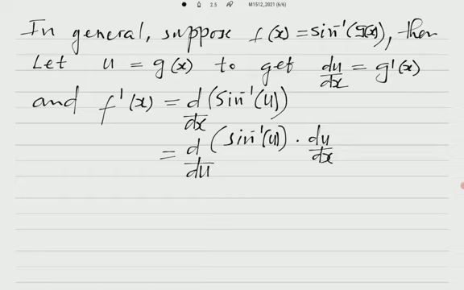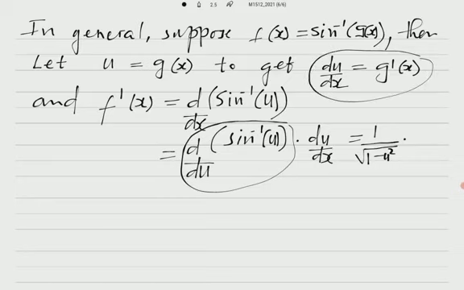But we know the derivative for this one, which we've just found previously. So it leaves us with 1 over the square root of 1 minus u squared multiplied by du/dx, which we just computed, so it's nothing but g prime of x. This is a very important part.